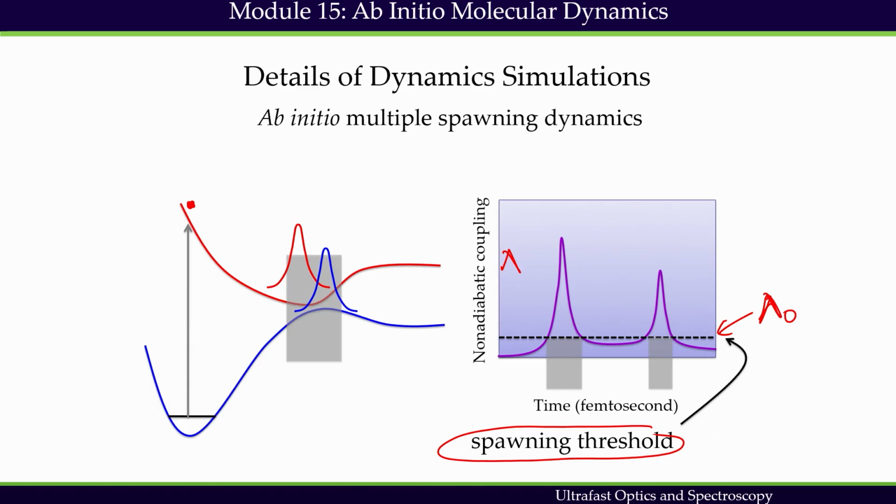The spawning regime is defined by significant non-adiabatic coupling. Whenever we see higher non-adiabatic coupling, we spawn, or generate, a new trajectory basis function. So now I have two trajectory basis functions: one placed on the upper state, another placed in the lower state.